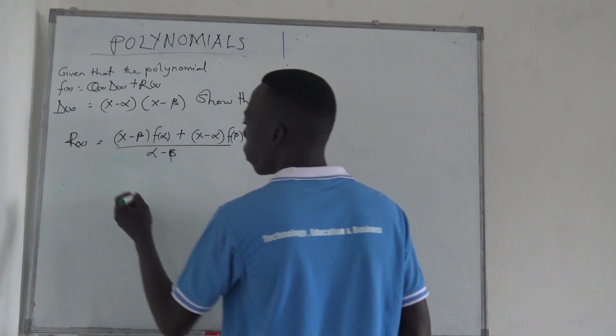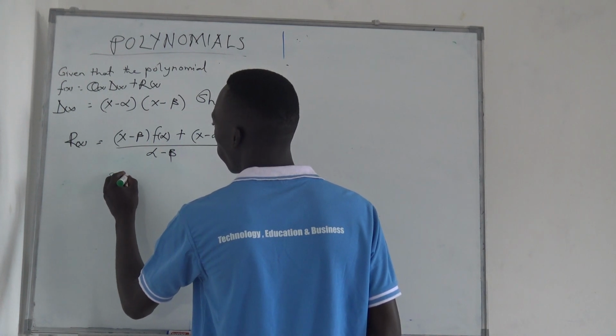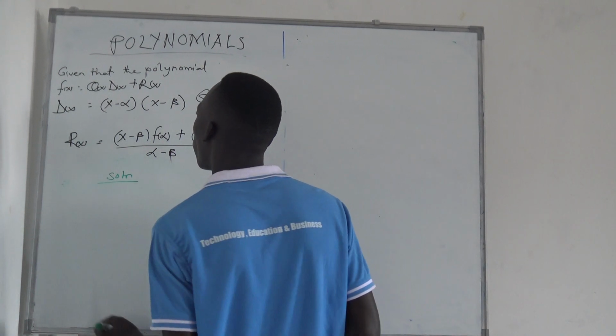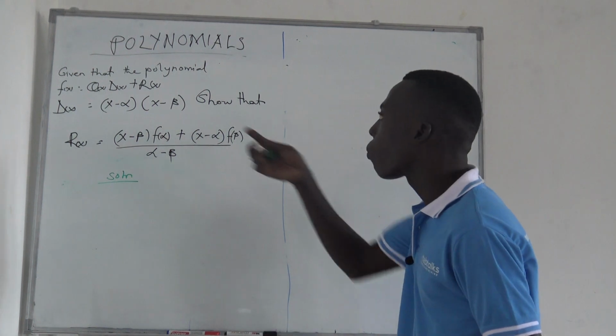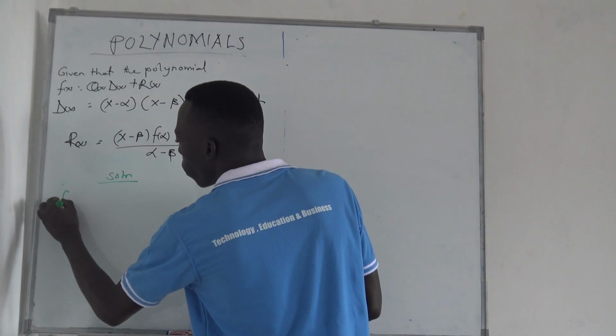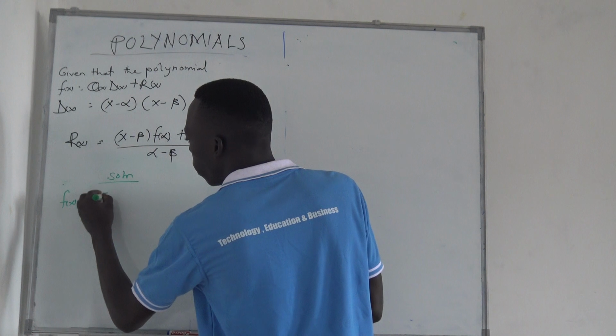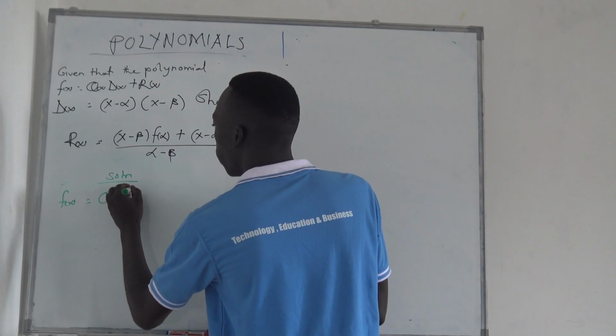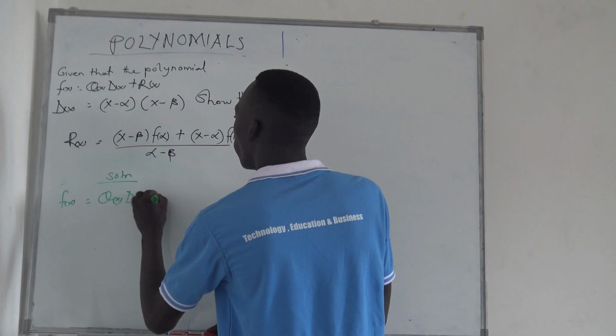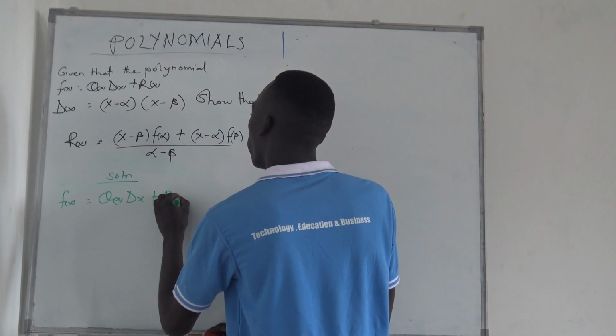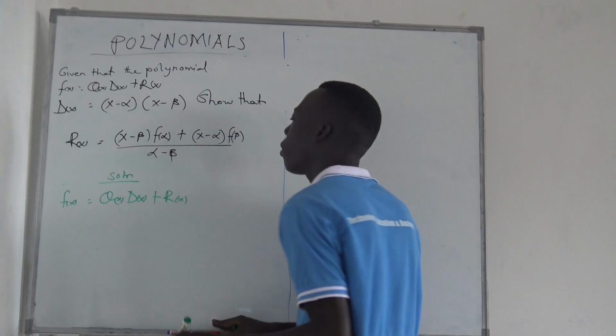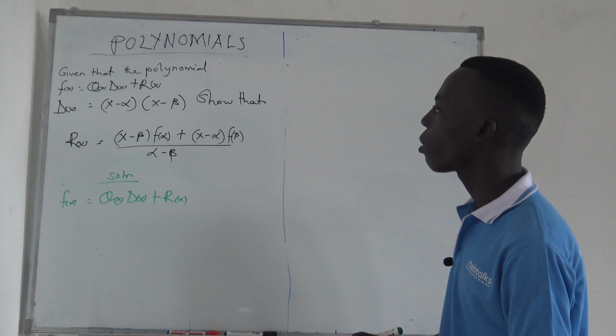So having got that one, we are continuing with the solution. On the solution part, from what is being given, the function of x is given by the quotient of x times the divisor of x plus the remainder of x. So that's what they have given us.